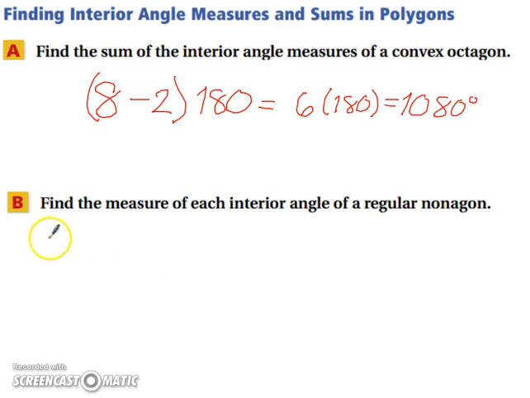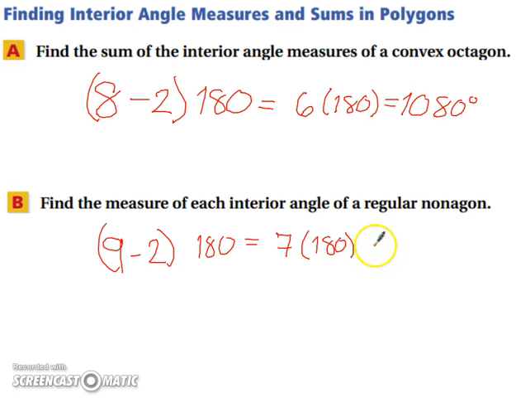We can use the formula that we used in A for B. A nonagon has 9 sides, so 9 minus 2 times 180, leaving us with 7 times 180, which then gives us 1260 degrees.